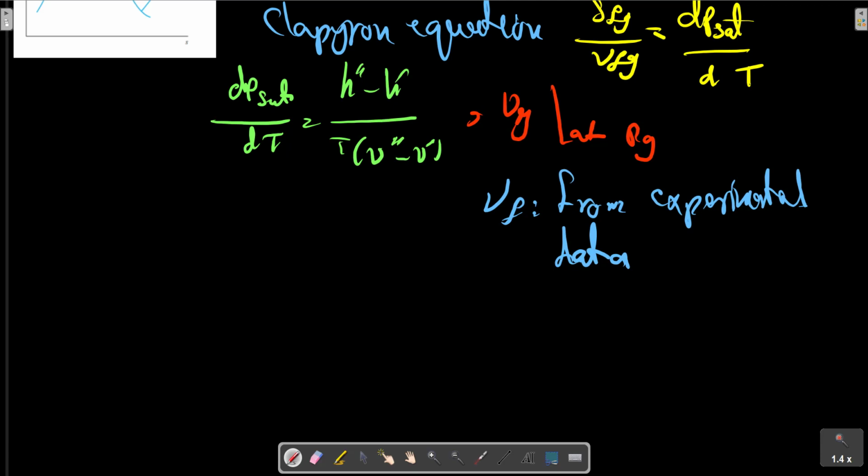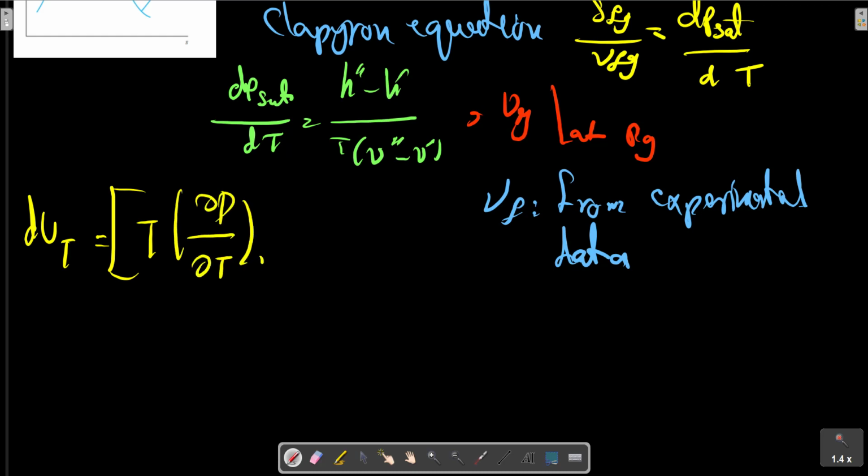The internal energy and entropy are calculated from the related relations: du = [T(∂P/∂T)_v − P] dv and ds = (∂P/∂T)_v dv can be calculated from this relation.